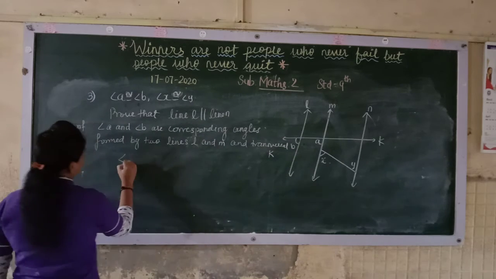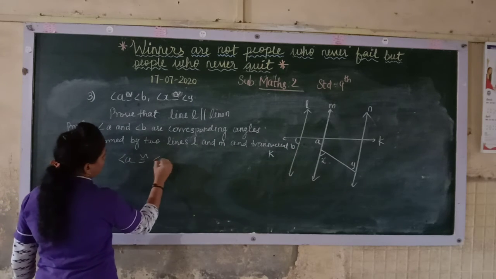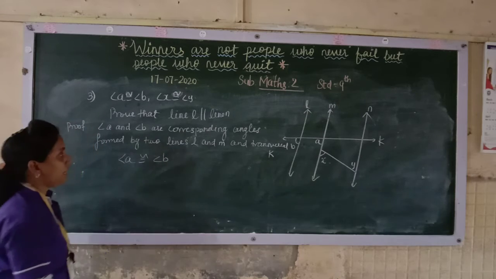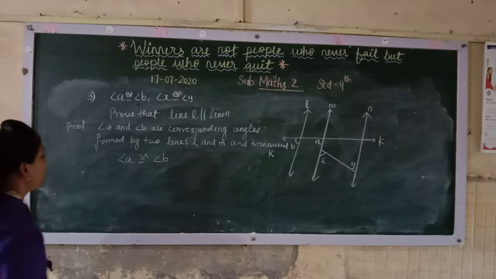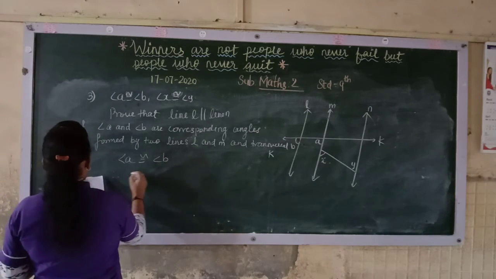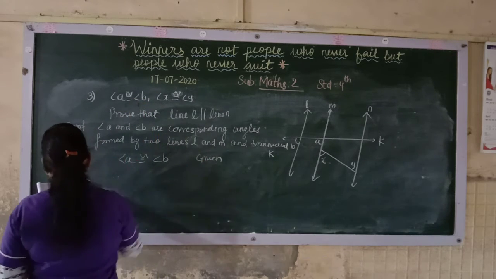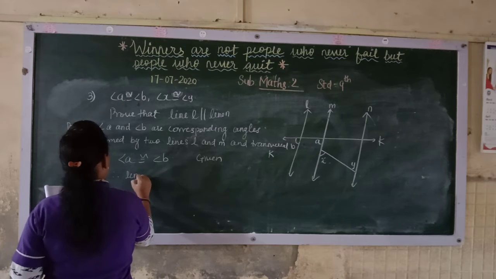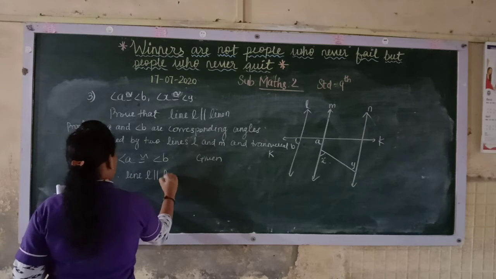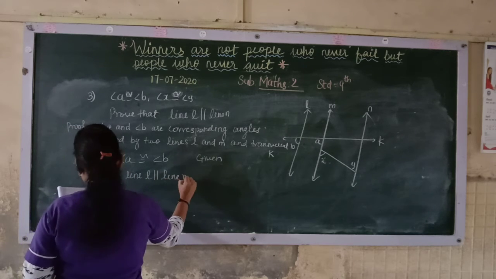So you will get angle A is congruent to angle B. Why? Because these are corresponding angles. This is already given over here. Therefore, line L is parallel to line M.